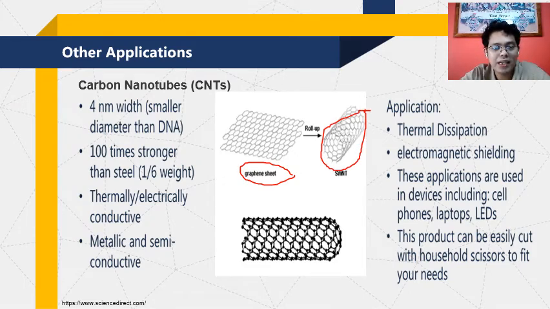So, what are the applications of carbon nanotubes? It includes thermal dissipation, electromagnetic shielding, applications on your cell phones, laptops, and LEDs, especially its screen.